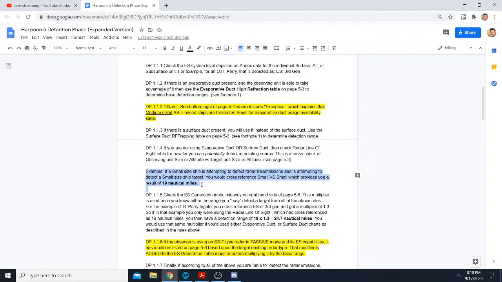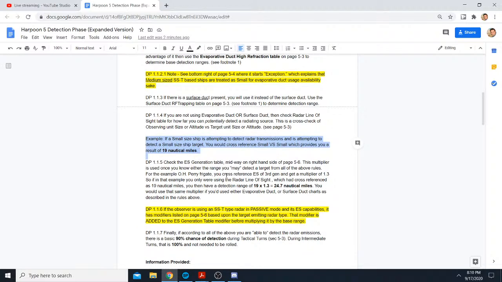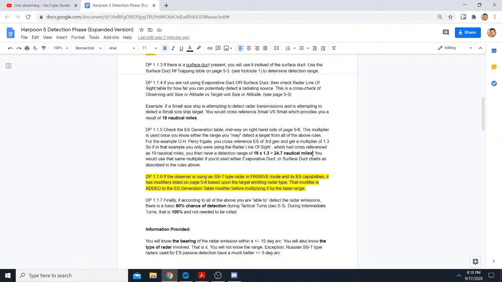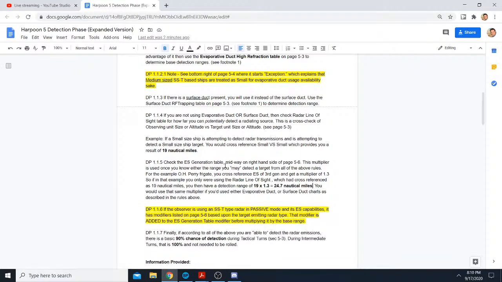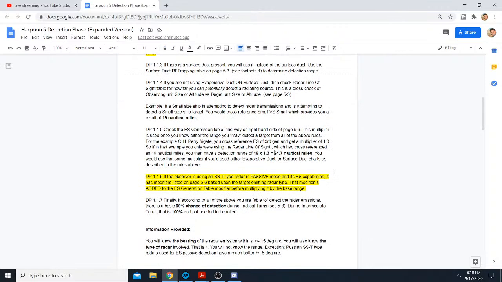If you had a 19 nautical mile base radar line of sight and your ES generation was third, you would get a 1.3 modifier to it. So again, in this specific case, O.H. Perry frigate against a target surface ship, you get 24.7 nautical mile range, and that is a potential detection range.